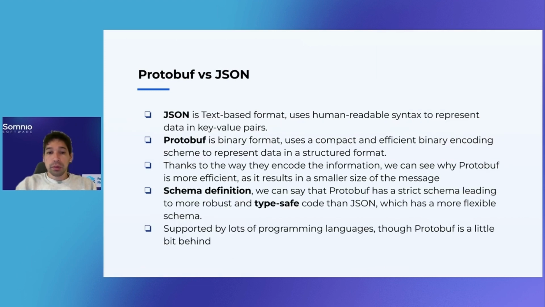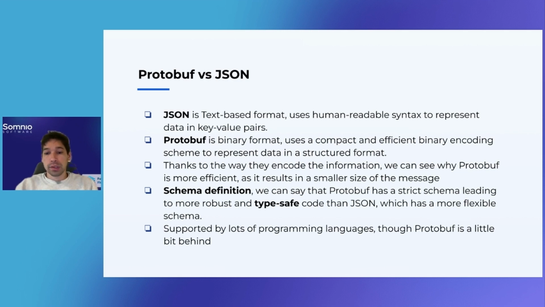If we compare protobuf with JSON, JSON is a text-based format, so it's more readable for humans because you can actually understand it by seeing the definition, and it's a key value pair. Whereas protobuf is a binary format, so it's not so understandable. But in this way, it uses a more compact and efficient encoding.